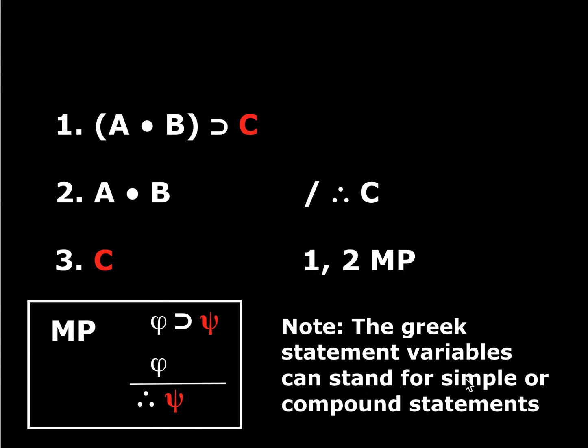I'm trying to be consistent with my terminology and just use atomic. But anyway, they could be atomic, so here psi is playing the role of C, but they could also be compound, because here phi is playing the role of A and B, which is a compound statement. So that's why we're using the Greek letters.